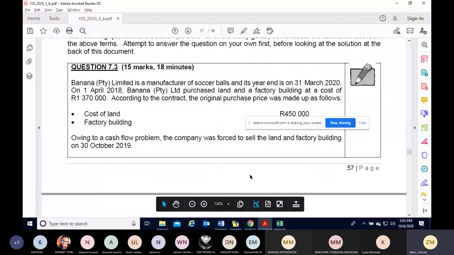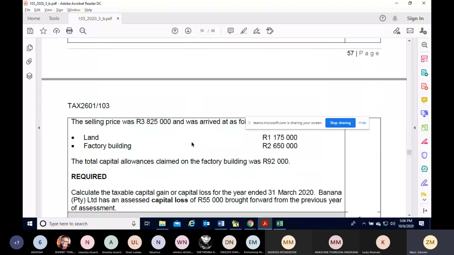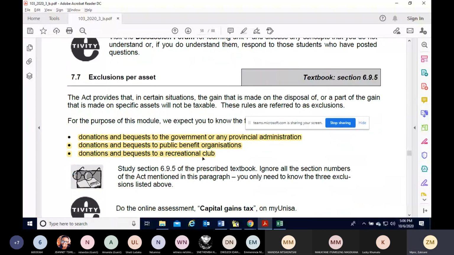And we've got question 7.3, which I'm not going to do. You can do this on your own, just to test the principle that the taxable capital gain that you include in your taxable income is the total for all your assets. Then we have got exclusions per asset.